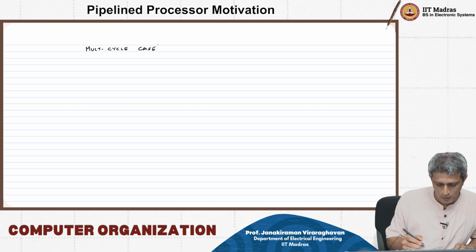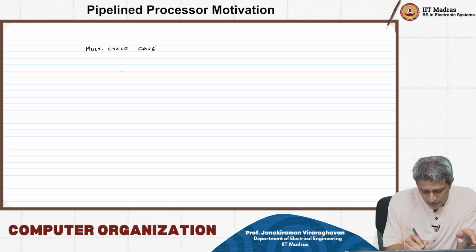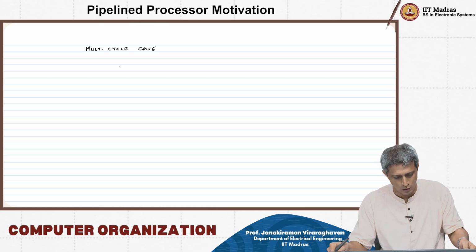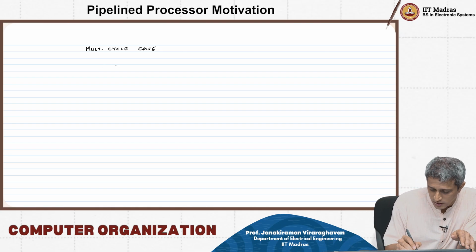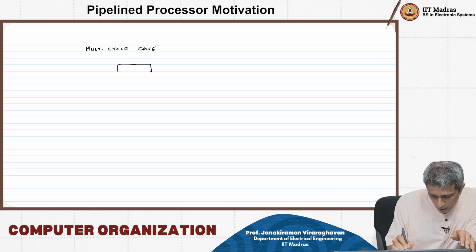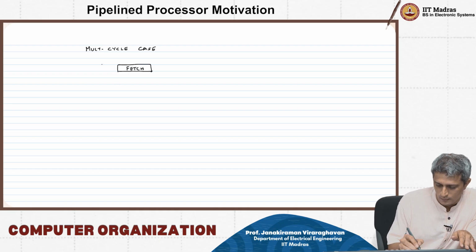okay, what we have done is we have basically taken this whole big combinational circuit in the single cycle execution, okay, and I could replace it by a combinational block called fetch, okay.